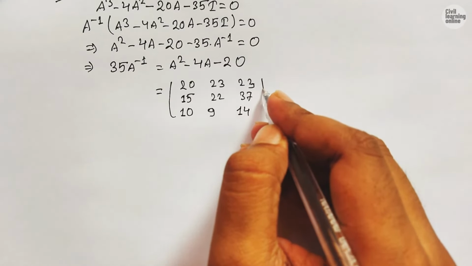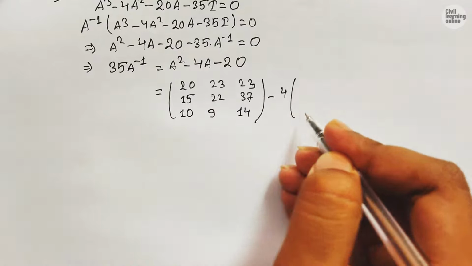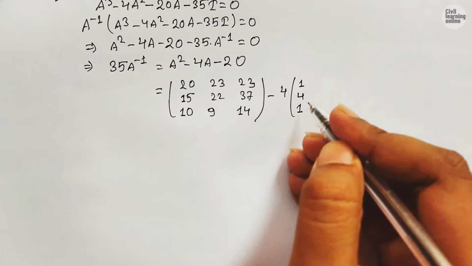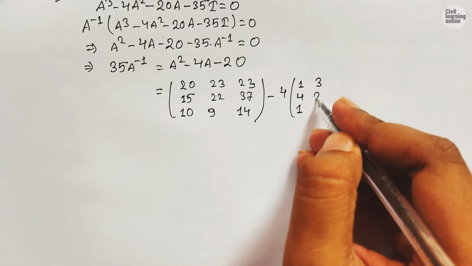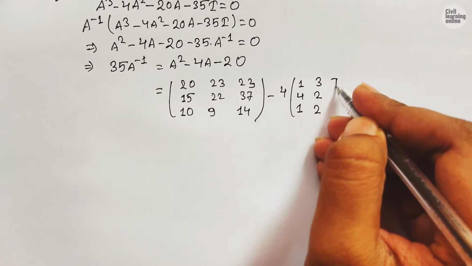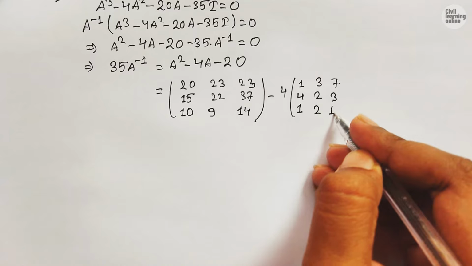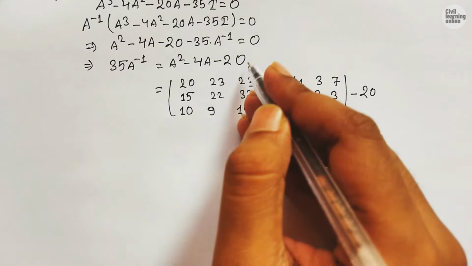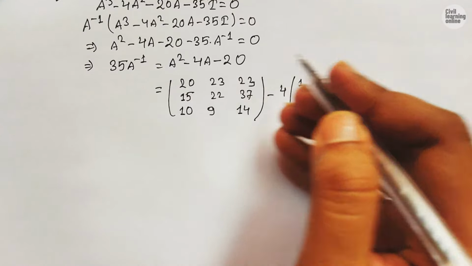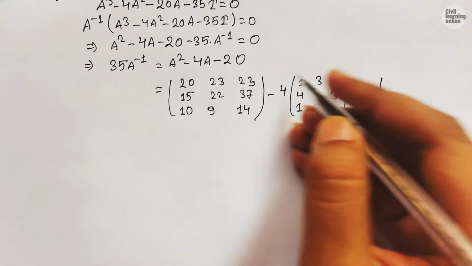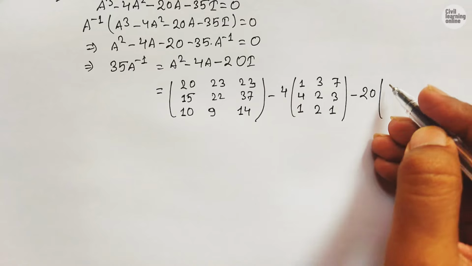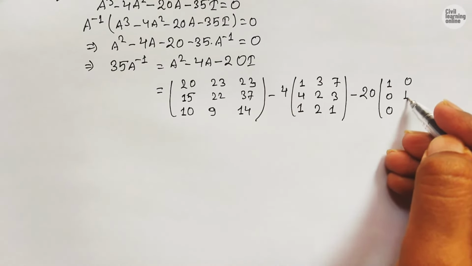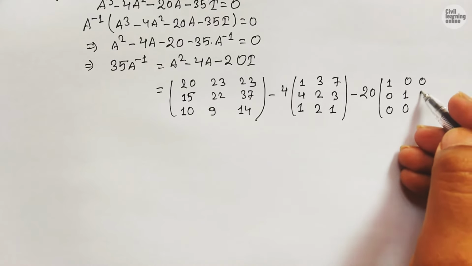This was the value of A square, minus 4 times A, and the value of A is 1, 4, 1, 3, 2, 2, 7, 3, 1, minus 20. Nothing here means I, so write here the identity matrix, that is 1, 0, 0, 0, 1, 0, 0, 0, 1.